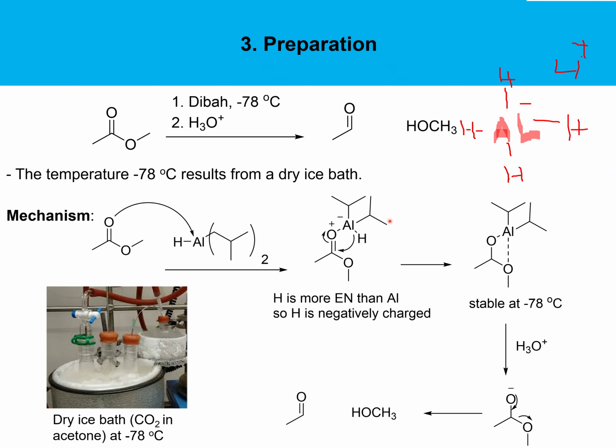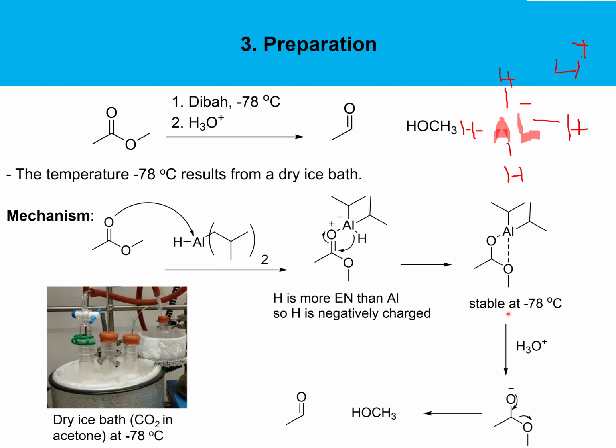So that's part of the reason why these two reagents behave differently. Now, under the low temperatures that we're using for the reaction, we're going to get this intermediate that is going to be very stable at that temperature. So the aluminum, after the hydride has been delivered, will be bound to both oxygens and hold that intermediate in place so that it doesn't break down and eliminate the leaving group.